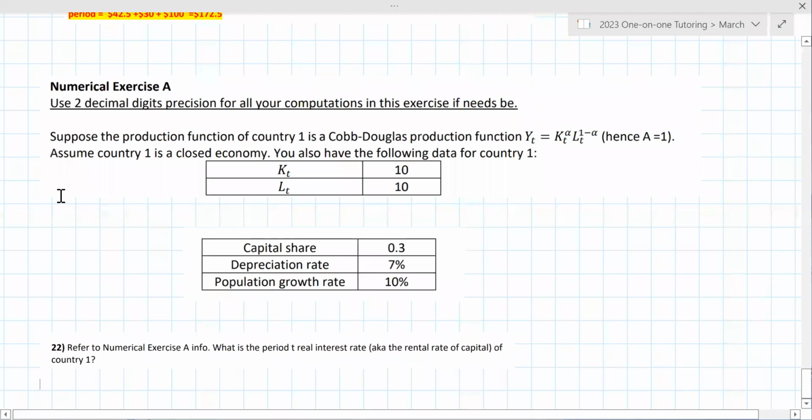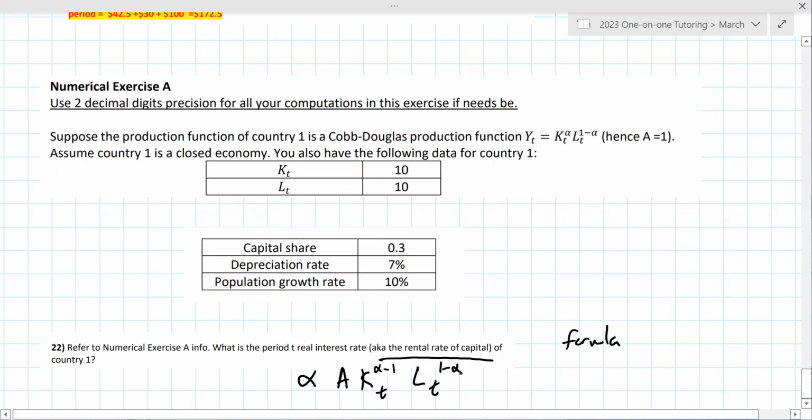What is the period T real interest rate, aka the rental rate of capital? This has got to be a formula. Let me see. Real interest rate equals, okay, alpha A K of T on the bottom, and then on the top of K, alpha minus 1, and then L of T to the 1 minus alpha.